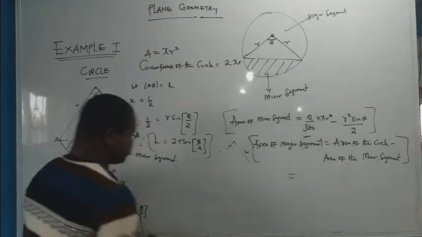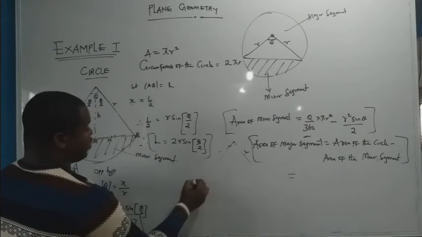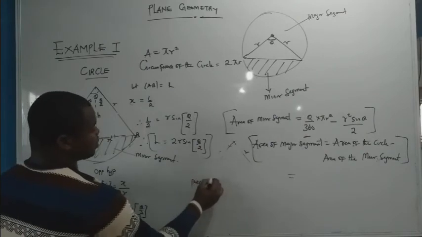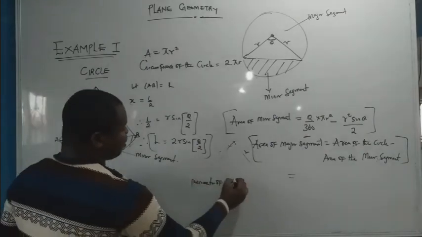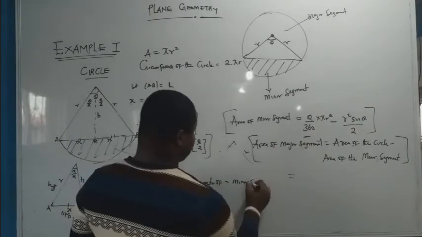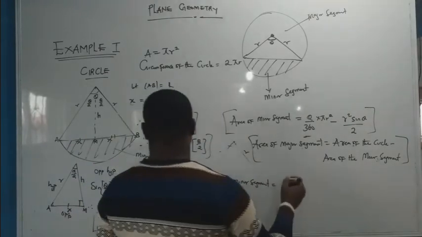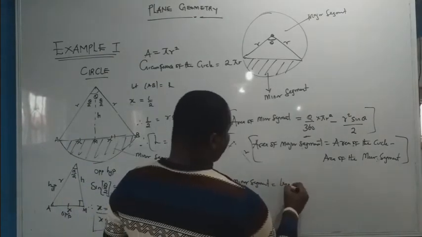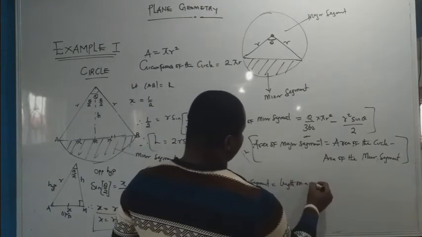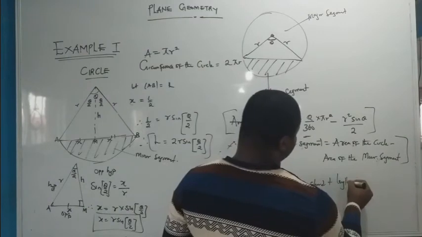The perimeter of a minor segment is equal to length of a chord plus length of an arc.